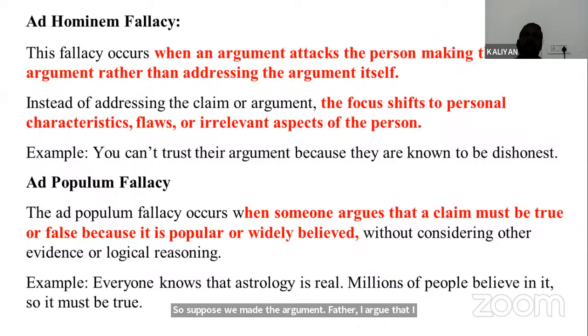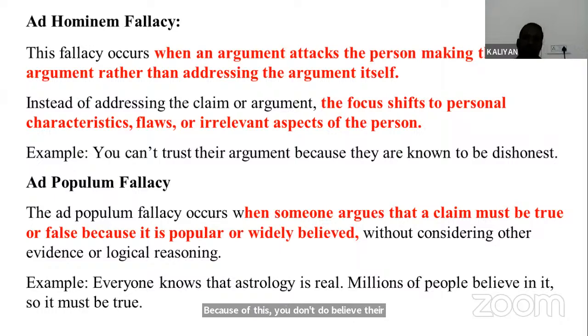If you people participate in the argument, but you are not addressing the argument and are making a personal attack, that is called the ad hominem fallacy. For example, you cannot trust their argument because they are known to be dishonest. You know that person is dishonest, and because of that dishonesty you don't believe their argument. It is an ad hominem fallacy.